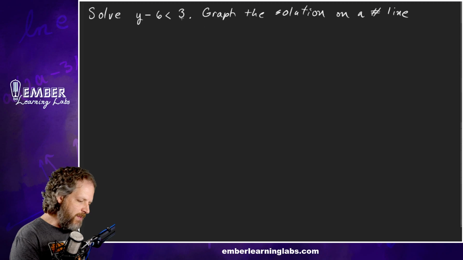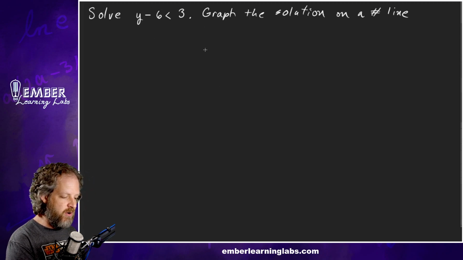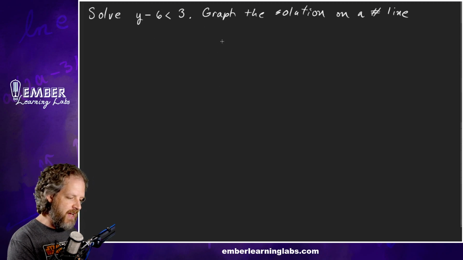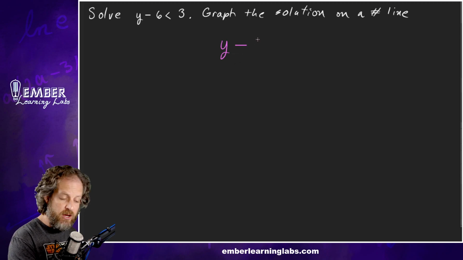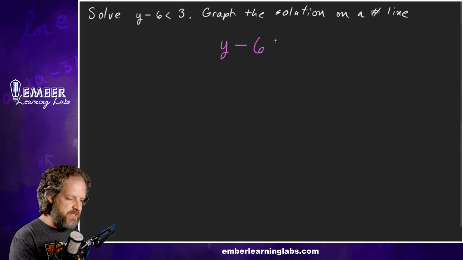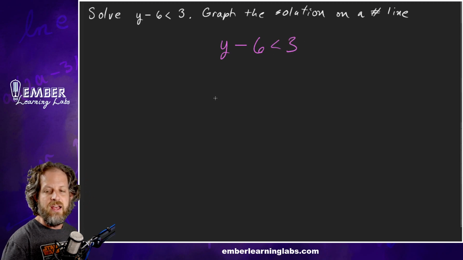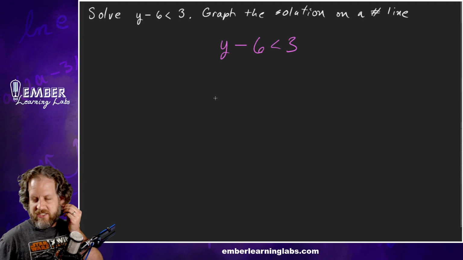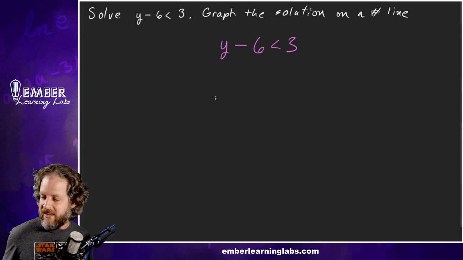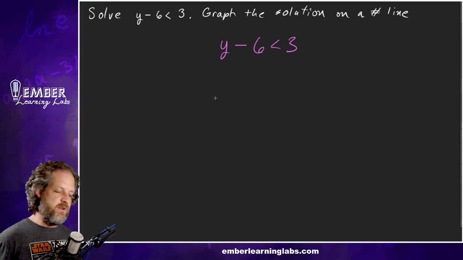So the way we solve these is we're going to do them just like they were an equation. We're basically going to pretend like this less than symbol is the same as an equals, with one or two exceptions, which we'll see in other examples real soon.